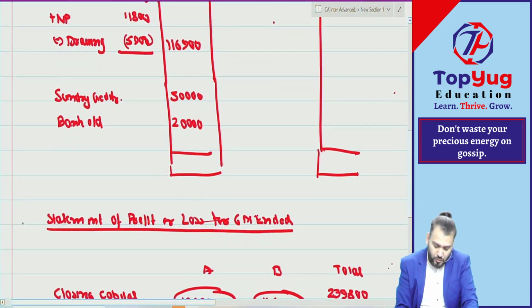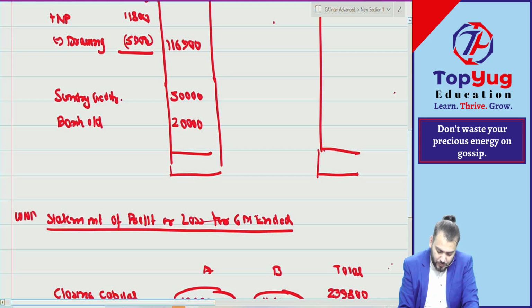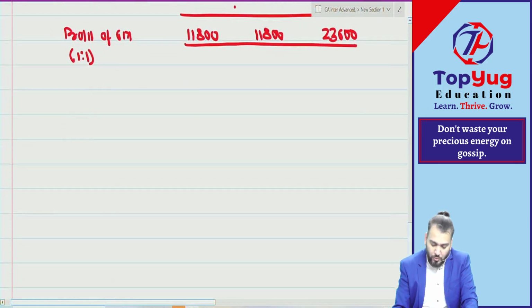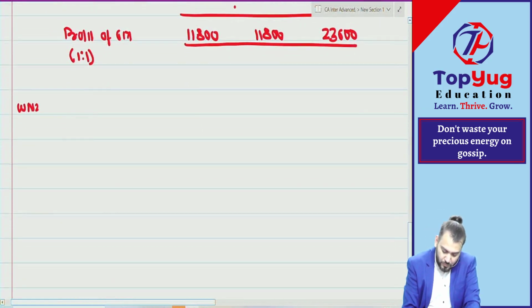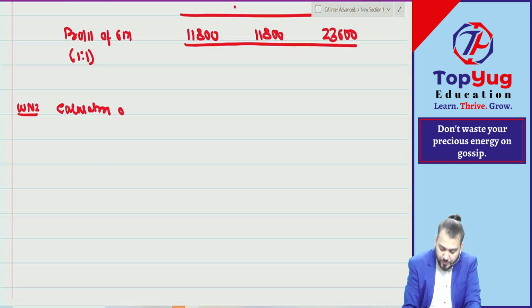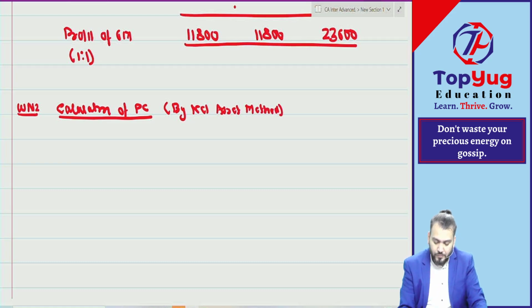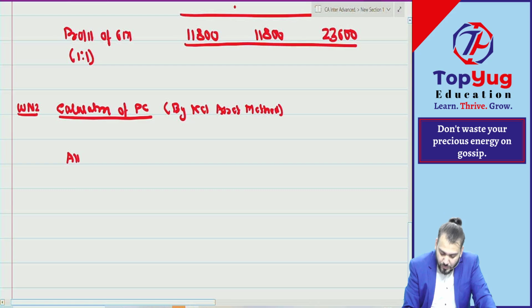So for this you can give working note number 1, and working note number 2 is what? Calculation of PC. In this PC is not given. Now by net asset method, tell me, can you give me all assets at book value, but as per the new balance sheet?